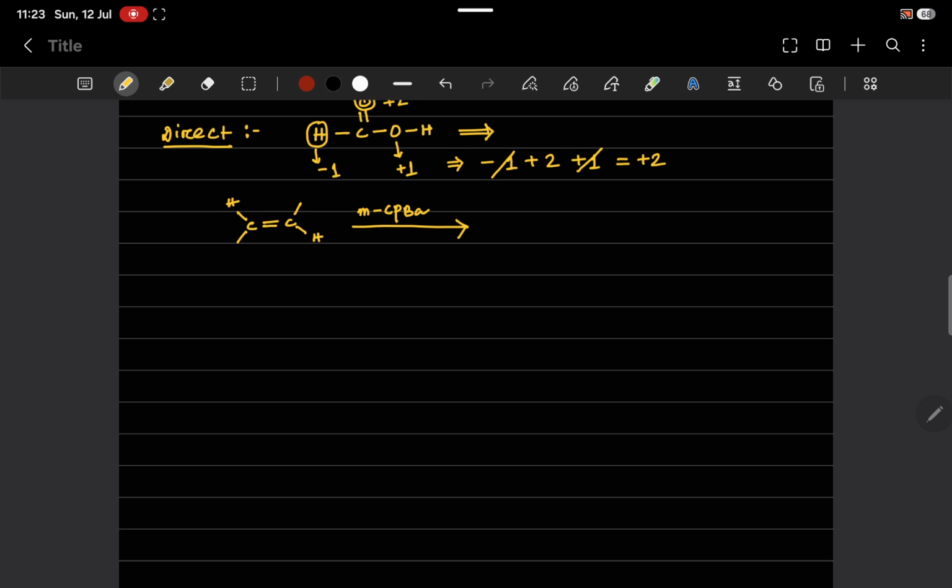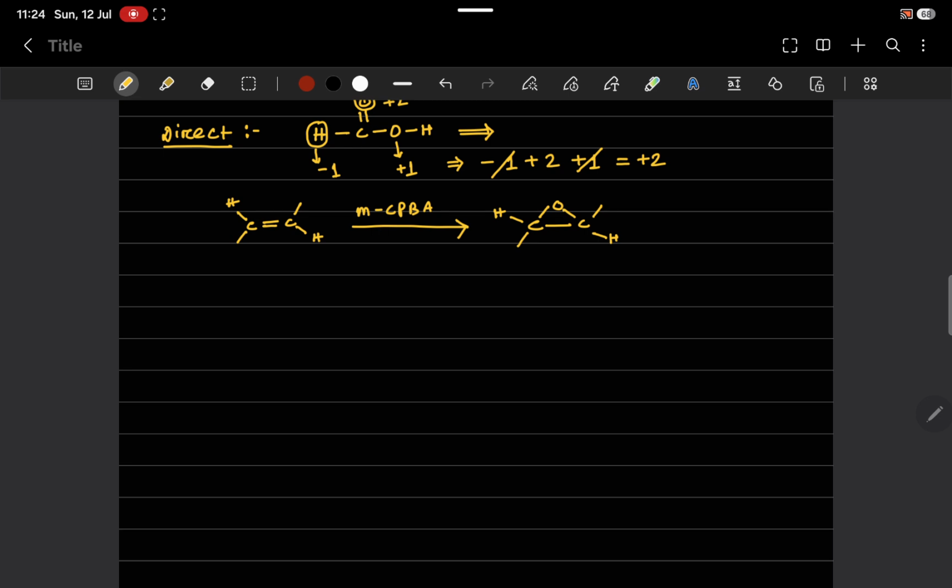MCPBA is basically nothing but the epoxidizing agent. So what will we get? C, there will be oxygen, and there will be hydrogen, there will be hydrogen.